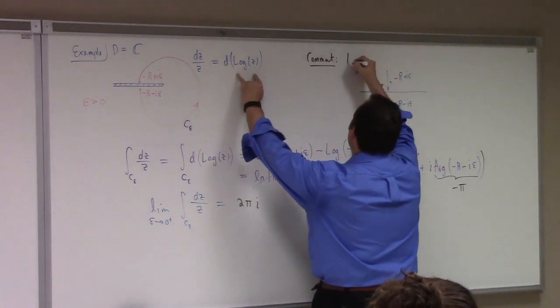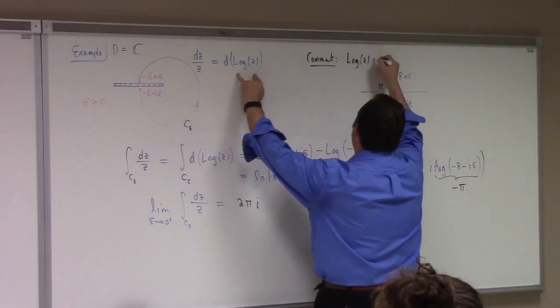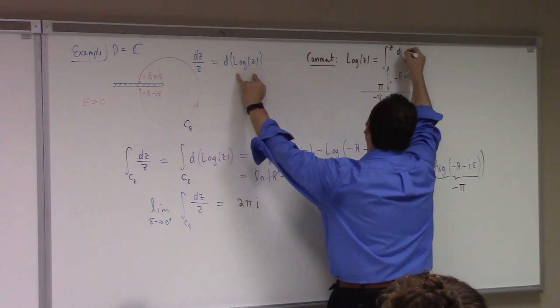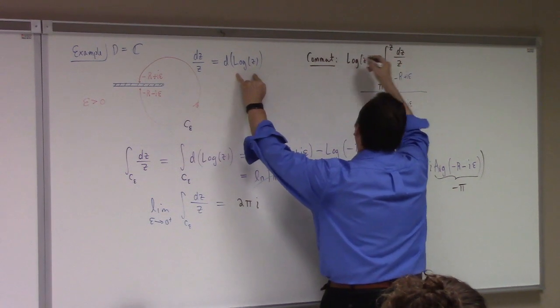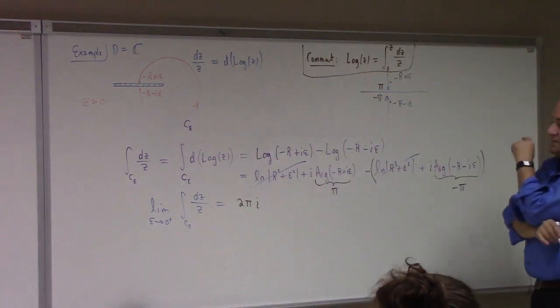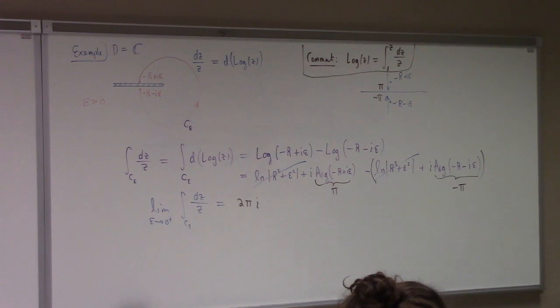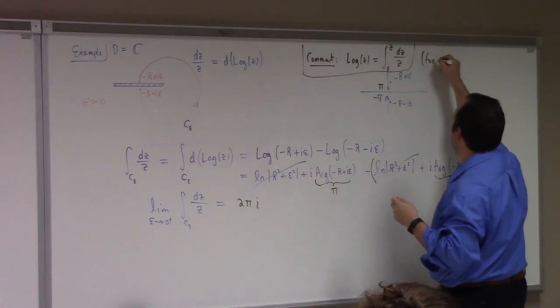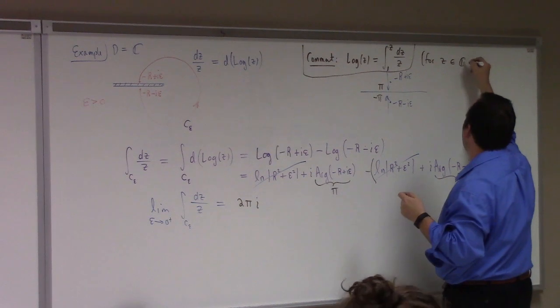We could define log z as the integral from 1 to z of dz over z. If you believe FTC 1, you see that this has to be true, right? And this is for z in the slit complex plane.